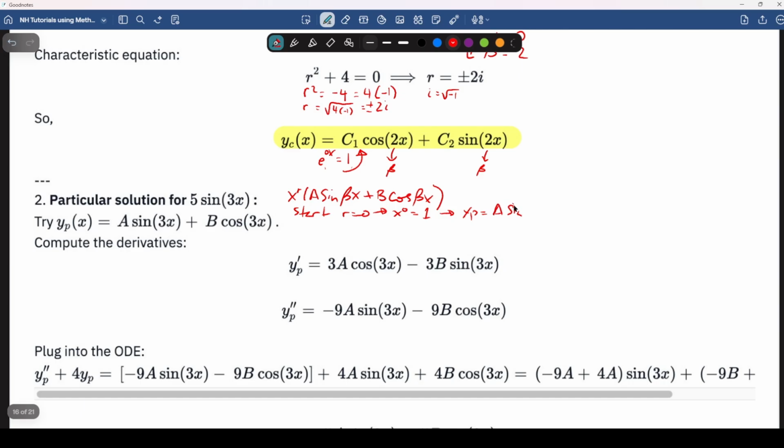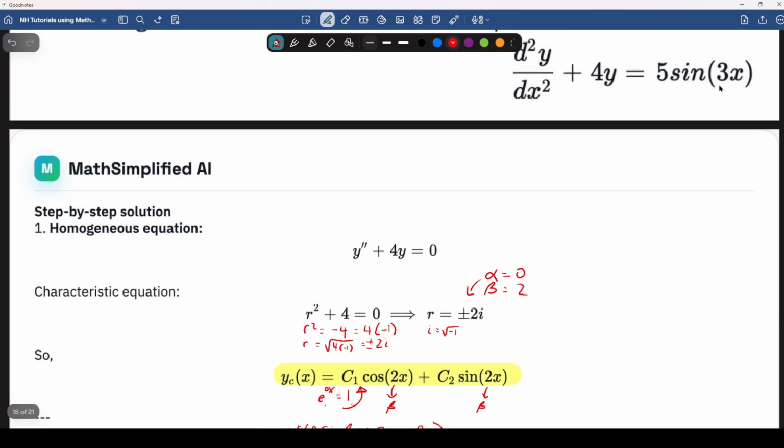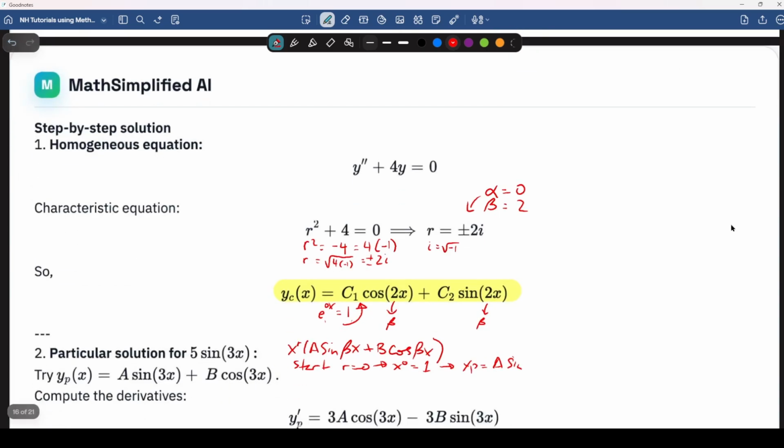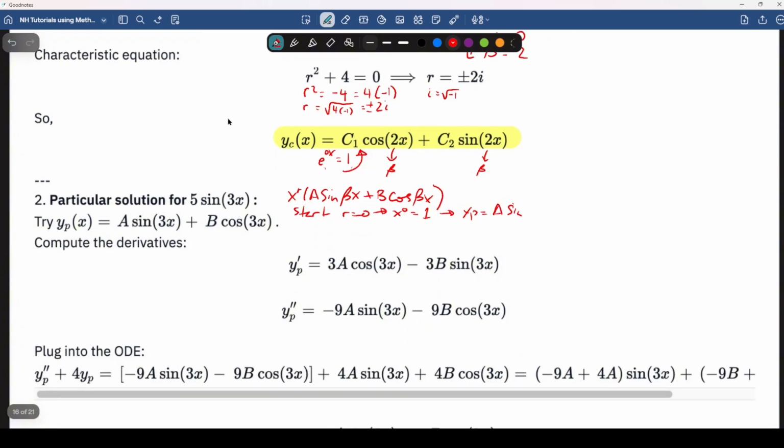Oh, okay, if we check our f of x, the beta is 3x here. The trigonometric part is 5 sine 3x, which is our f of x. So that's why our beta in this case will be 3.